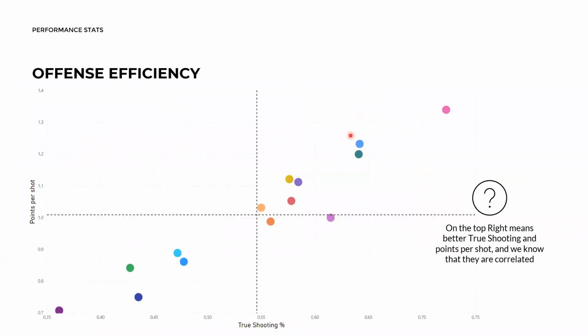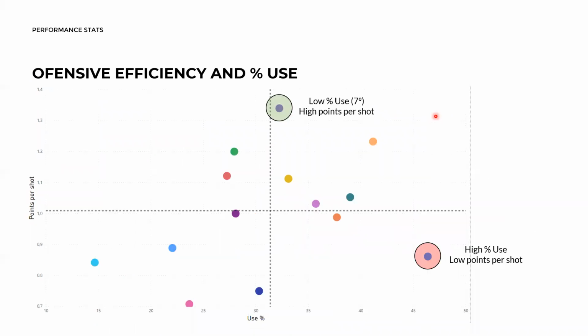Another example: this scatter plot lets us understand offensive efficiency. The top right means better true shooting and points per shot, and we see, as is logical, that they are correlated, and we can understand which players have more offensive efficiency.